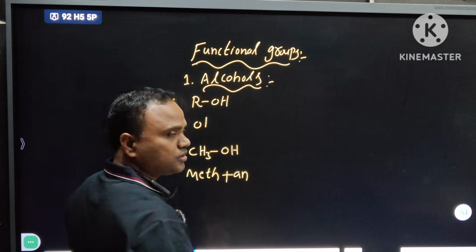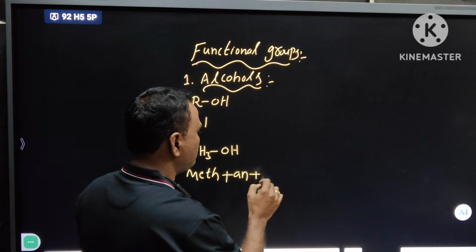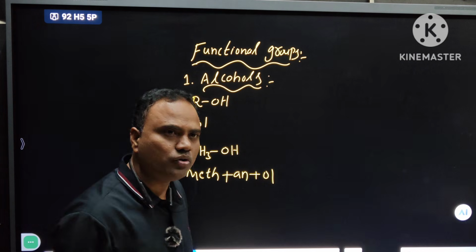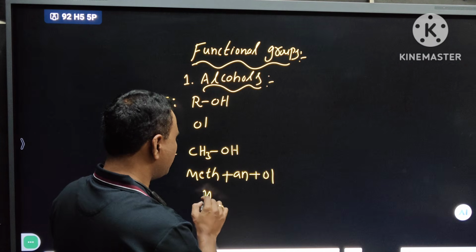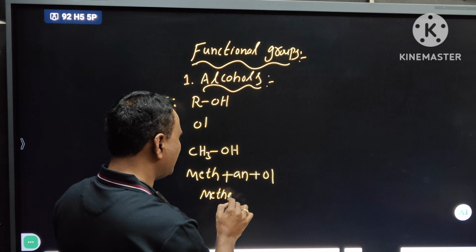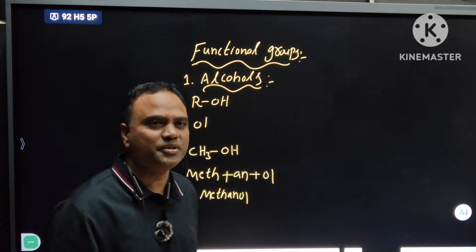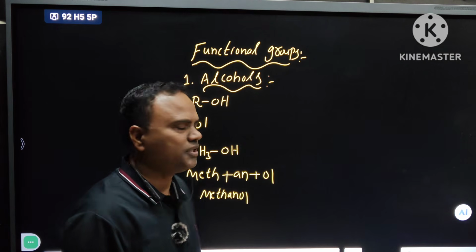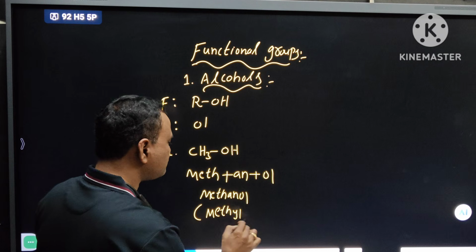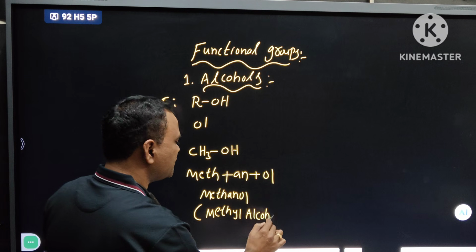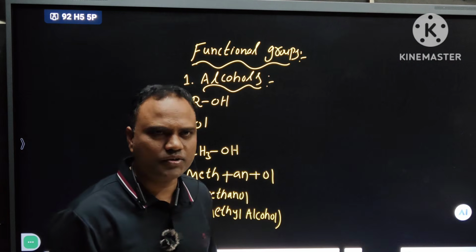Plus ol. Why are we writing ol? Because OH group is present. What is its name? Methanol. Methanol is also called methyl alcohol.